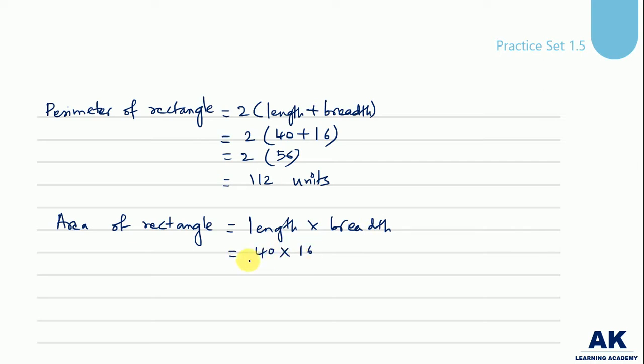So 16 into 4 is 64, and it ends with 0 because it is 40. So 640 square units. Therefore the perimeter is 112, the area of the rectangle is 640, and the length is 40 and breadth is 16.